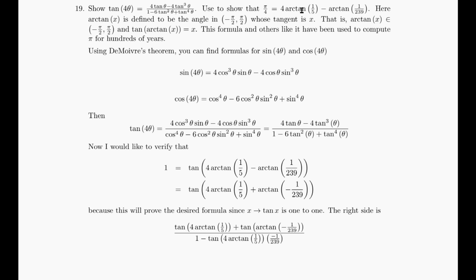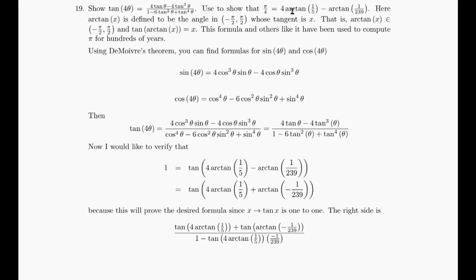The reason this is significant is that this one here and that one there can actually be computed with great accuracy without a whole lot of computations. And so you can find pi to great accuracy as well.